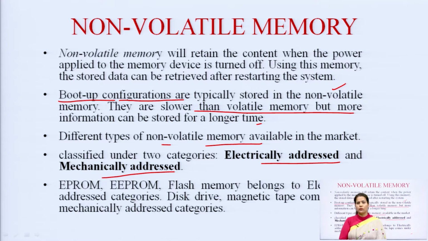But when we do it using ultraviolet radiation, it is electrically erasable. The various examples are EEPROM and flash memory, which belong to the electrically erasable category, and disk drives and magnetic tape, which come under the mechanically erasable category.